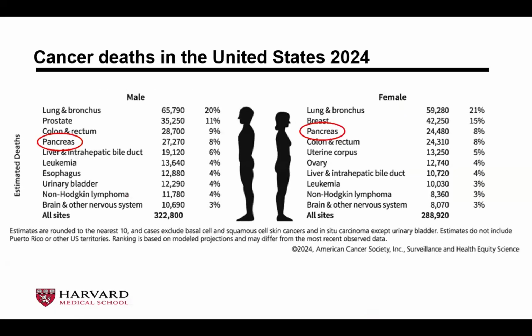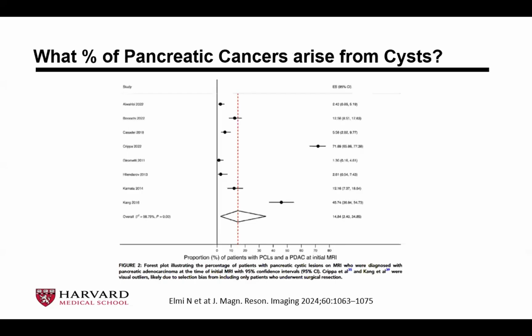So as we know, pancreatic cancer is a common cause of cancer death for both men and women in the United States. And it's been estimated that in the next 10 years, pancreatic cancer will be the second most common cause of cancer death. This is a meta-analysis that looks at what percentage of pancreatic cancers arise from pancreatic cysts. And the estimate is around 14%.